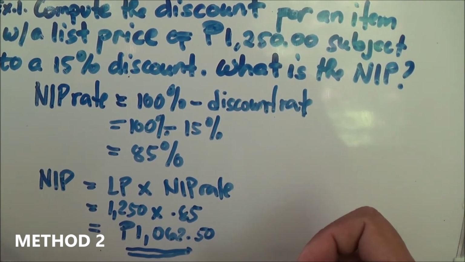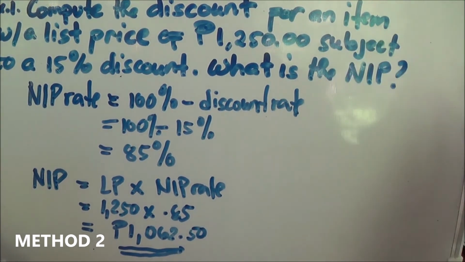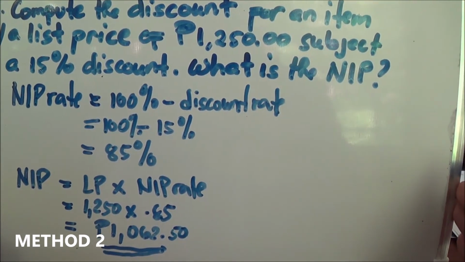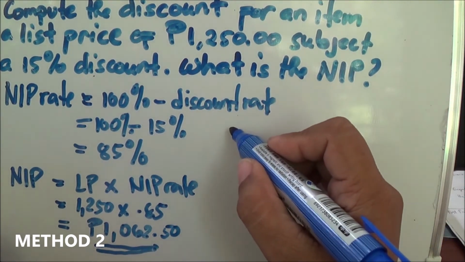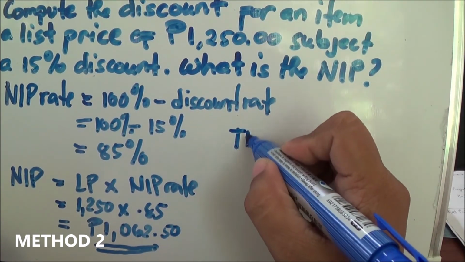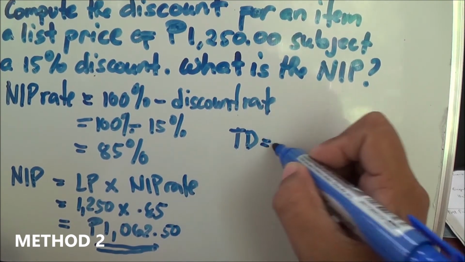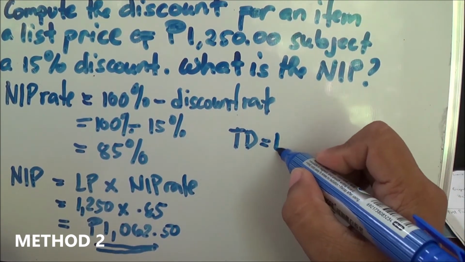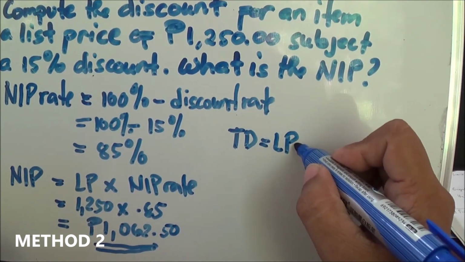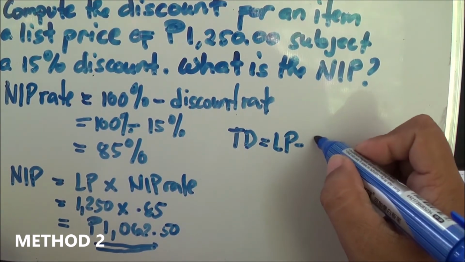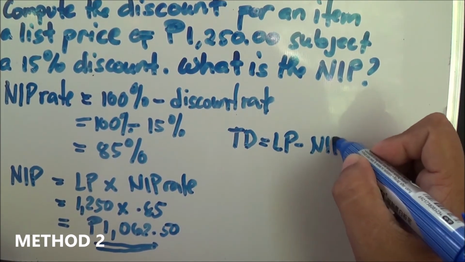So we have the net invoice price and then we have the list price. Now we try to compute for the discount or the trade discount. So the trade discount is list price less the net invoice price.